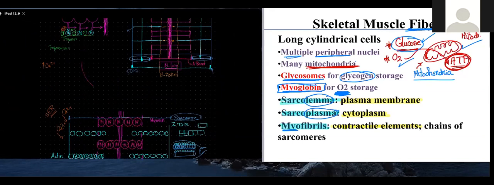Let's say my biceps brachii on here is attached to my radius of the forearm, like this. And it has two heads, a short head and a long head, coming from the scapula.